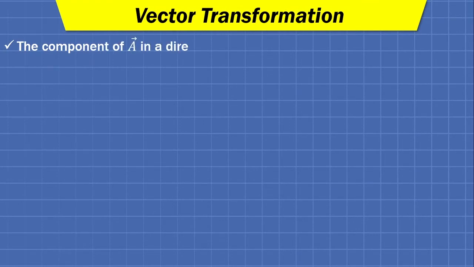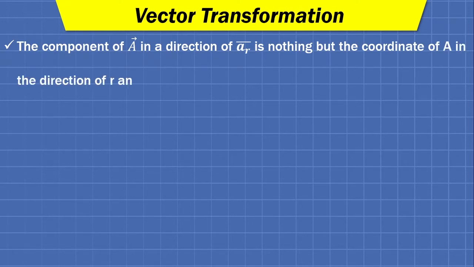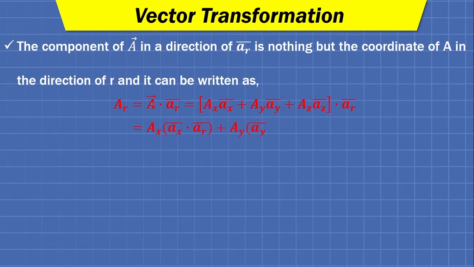Now the component of A bar in the direction of ar bar is nothing but the coordinate of A in the direction of R, and it can be written as A bar dot ar bar, so AR is the cylindrical coordinate of vector A. So A bar dot ar bar will give us the value of AR.